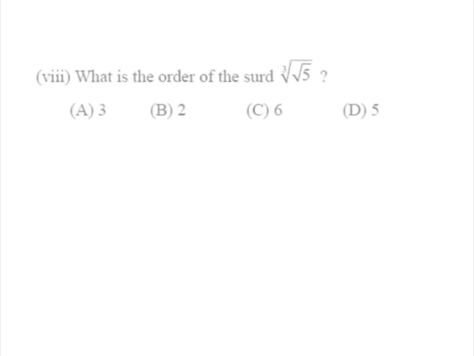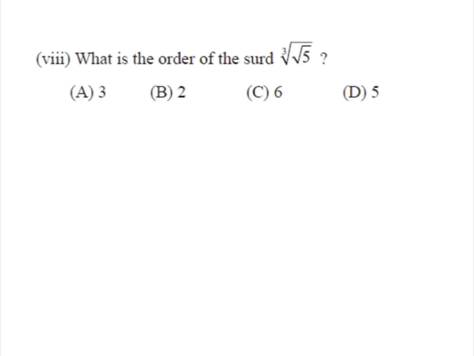The next question is, what is the order of the surd cube root of square root of 5? Here the surd is given, it is the cube root of square root of 5. Now if we write this number, root 5 can be written as 5 raised to 1 by 2.